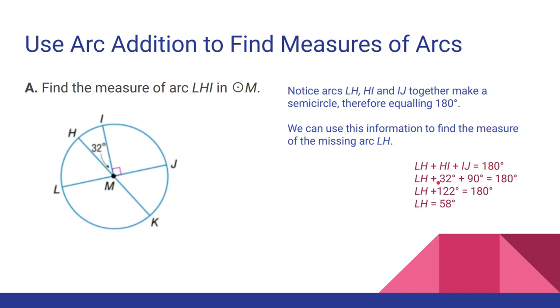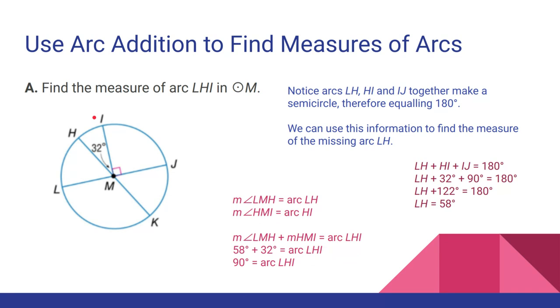We're going to add 32 degrees plus 90 degrees to equal 180. 32 plus 90 is 122. Subtract that from 180 and we find that our missing arc is 58. So now that we have that information, we can find LHI because we have arc LH and we have the measure of arc HI.